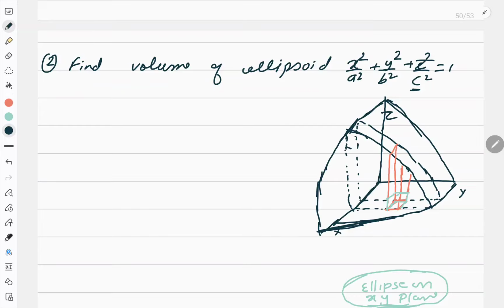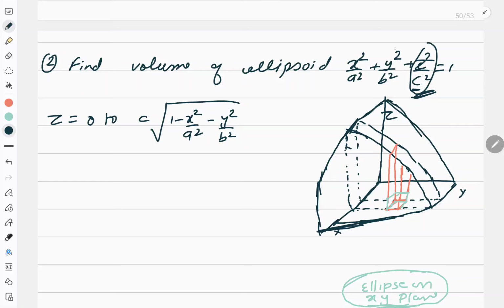So we will take the limits as we take in the ellipse only. One variable and one constant, right? So our z limit will be from 0 to c under root 1 minus x square by a square minus y square by b square. See here, this you hold here, remaining two terms take there.